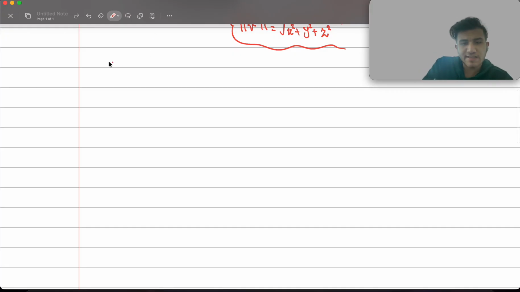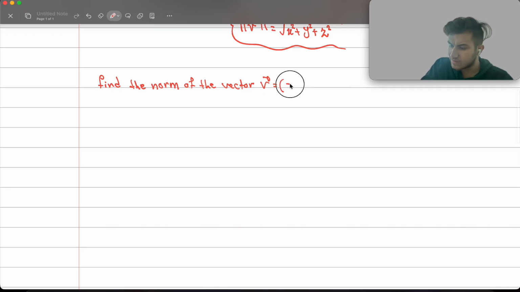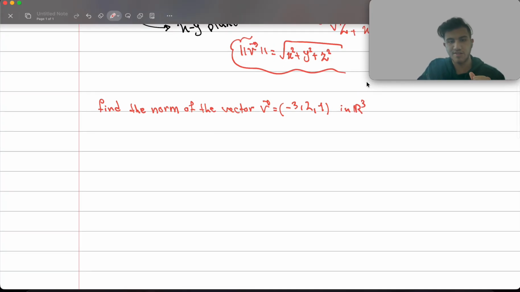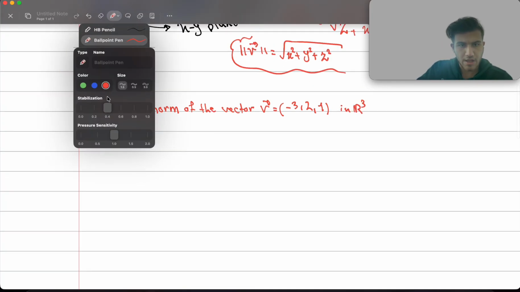Now let's see an example. The example just says to find the norm or the magnitude of a vector in 3D. So the norm of the vector v, of course in three-dimensional space, is -3, 2, and let's say 1, of course in R3.